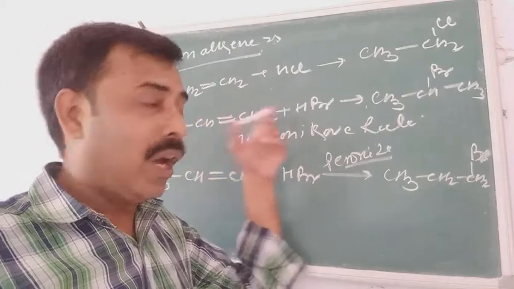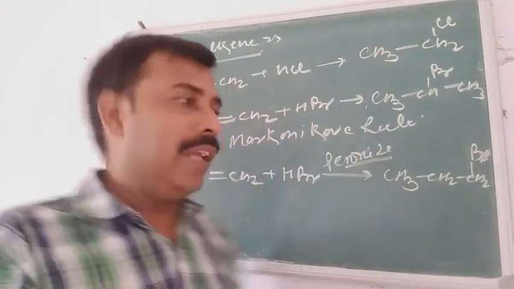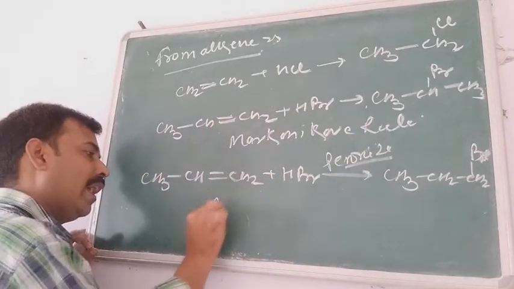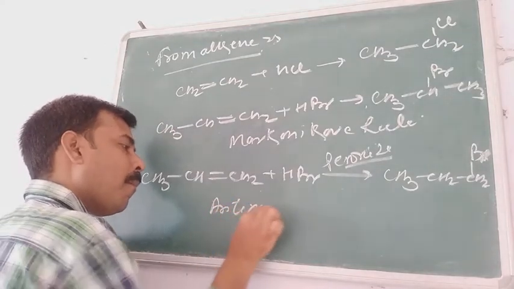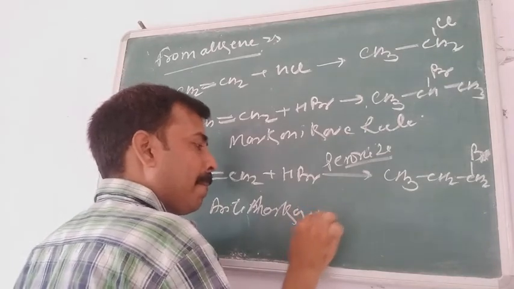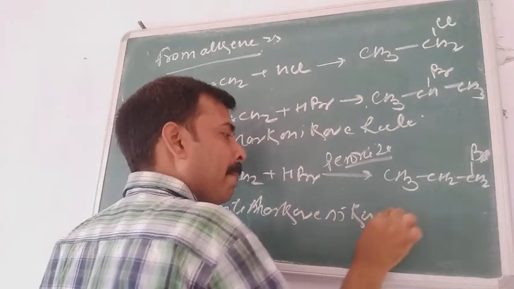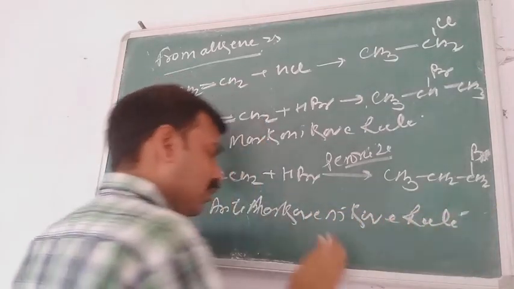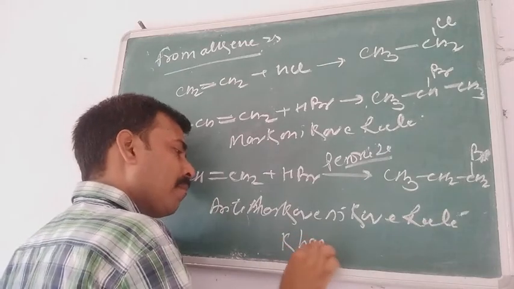So this one is according to the Markovnikov Rule, and this one is according to the Anti-Markovnikov Rule, also known as the Kharasch effect.